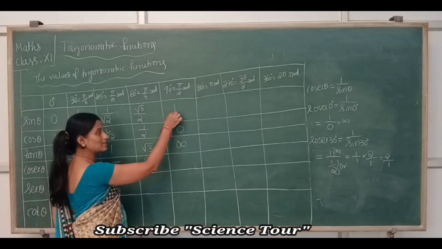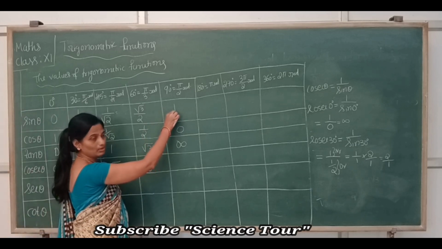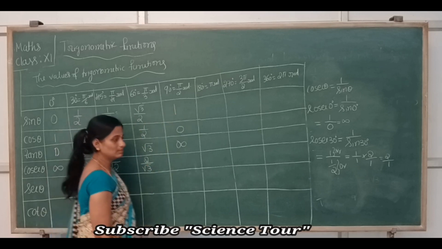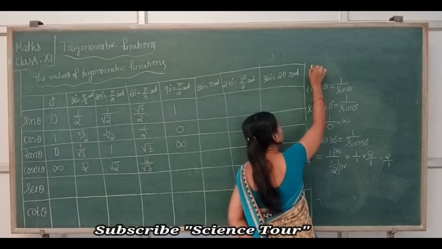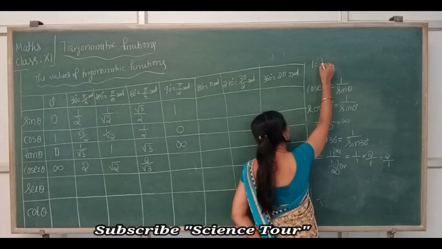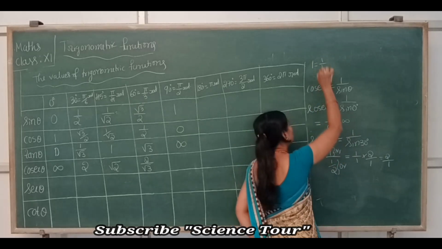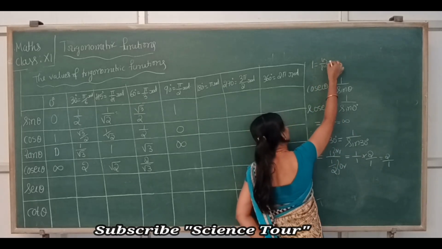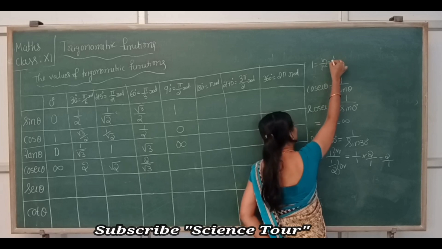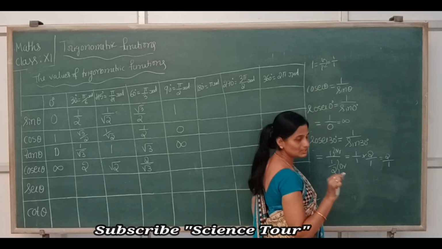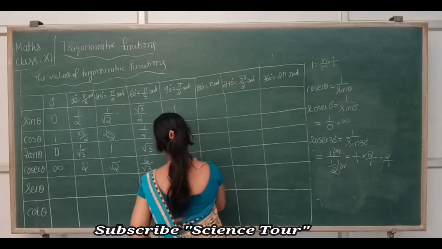Now next, sine 90 is 1. What is the reciprocal of 1? 1 can be written as 1 divided by 1. If you take the reciprocal, numerator and denominator interchange, again it is 1 divided by 1, which means it is 1 itself. So the answer is 1.